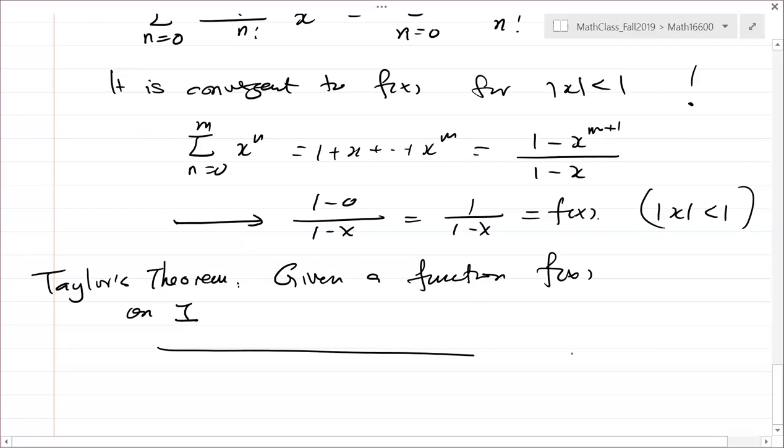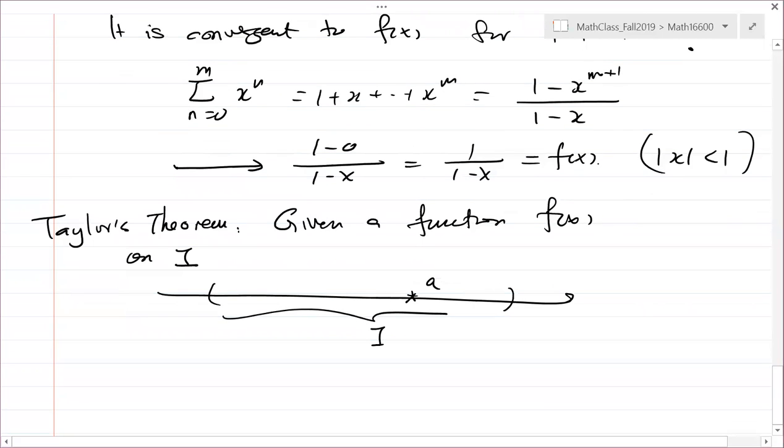This is the interval I, and a point, maybe a here, and a is in I.